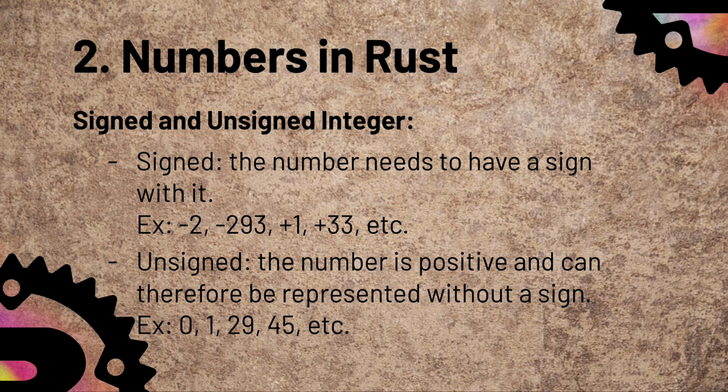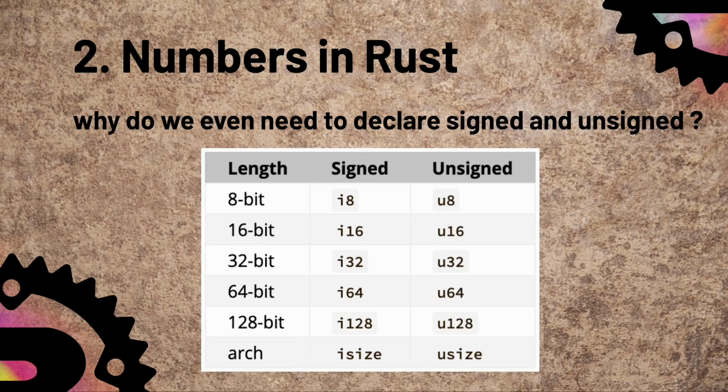That's the definition, and it raises the question: why do we even need to declare signed and unsigned? If you just use I8 or I32, which is signed, it can have positive, negative and zero values, so you don't have to worry whether the number will be negative or positive.